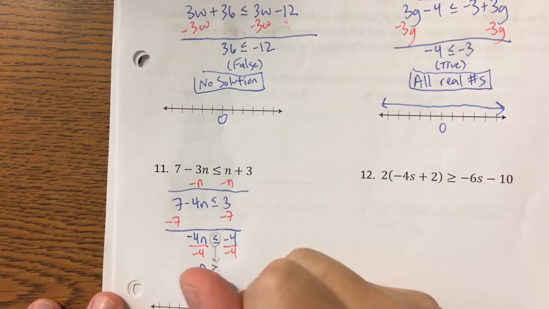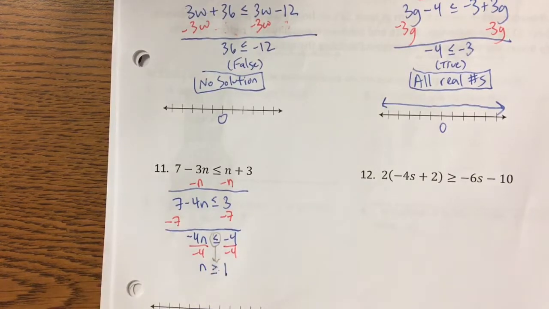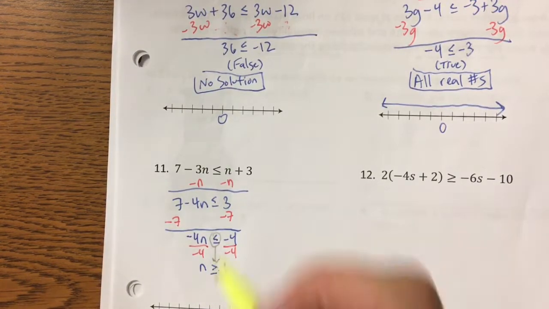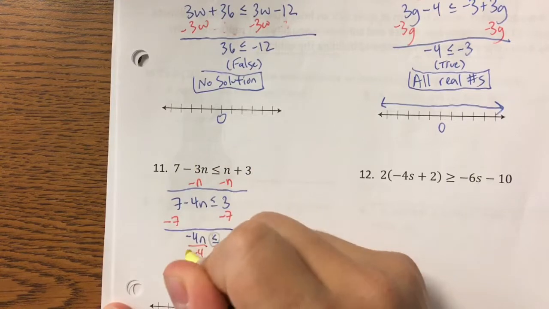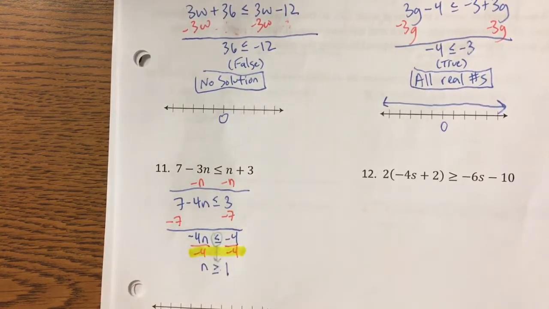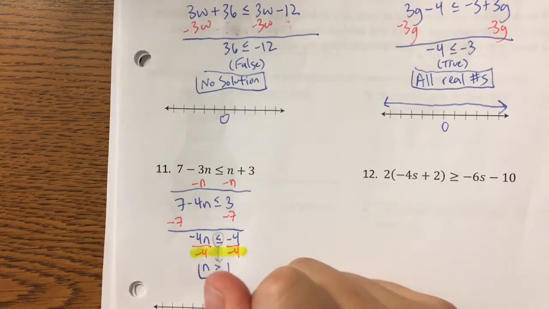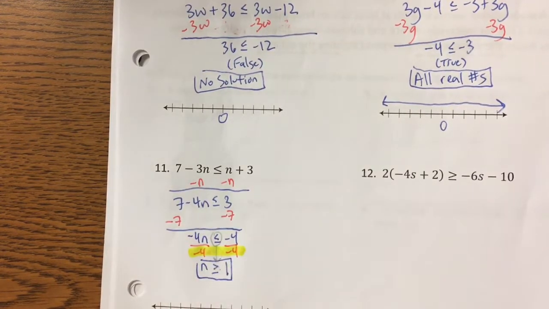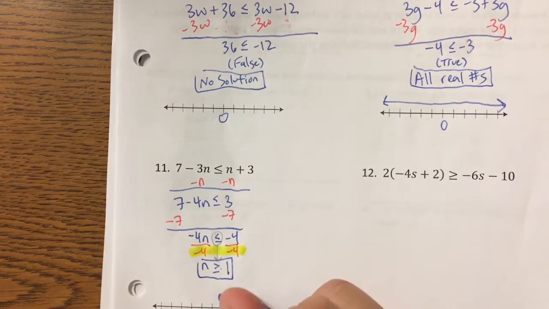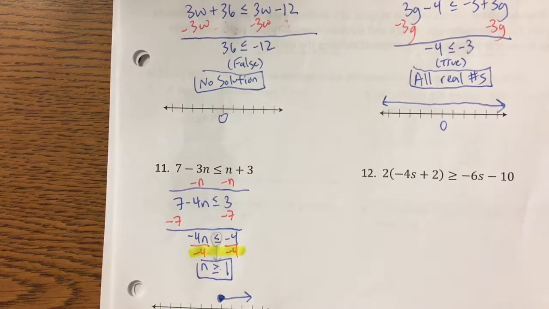You've got to be vigilant about it. So 0, 1, closed circle, going to the right.